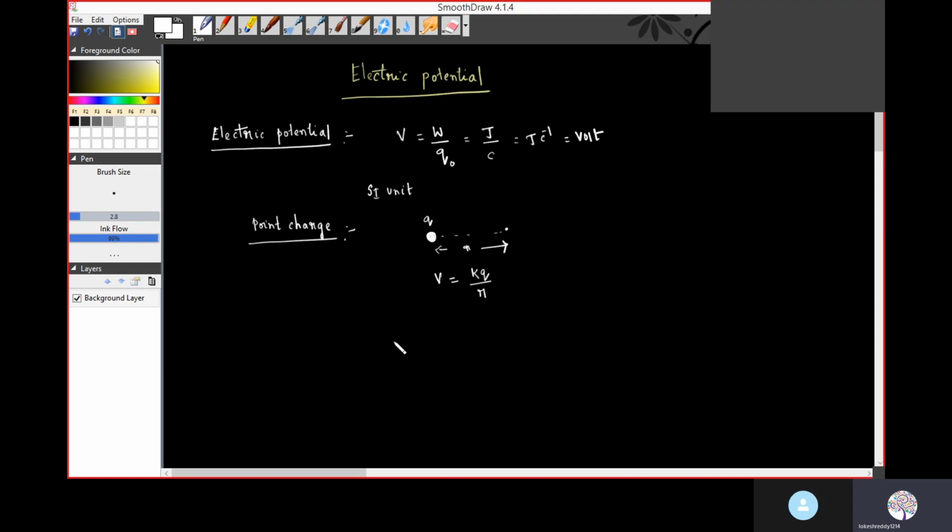If it is having negative charge, you will have negative potential, minus kQ by r. If it is having positive charge, then plus kQ by r.